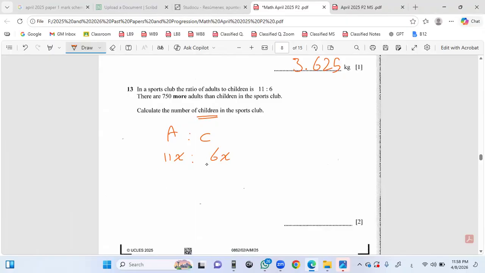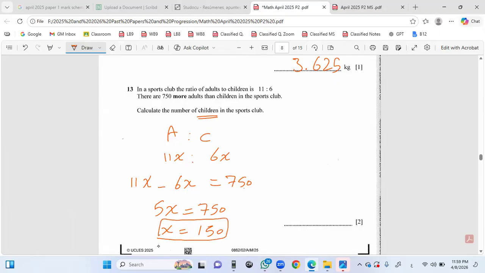And the difference between them, which means 11x minus 6x, is actually 750. So 11x minus 6x is 5x equals 750. This way, you're going to find out that x equals 150, because 750 divided by 5 equals 150. So now I found out that x is 150.